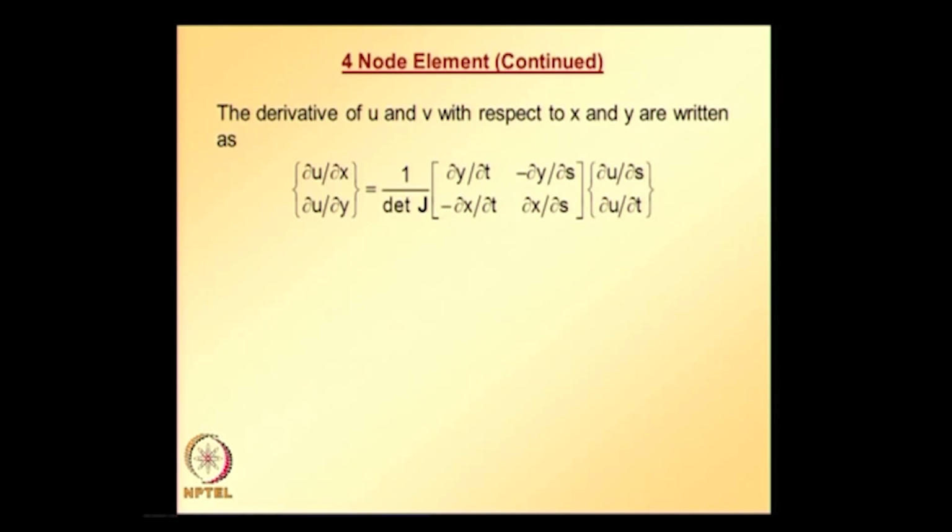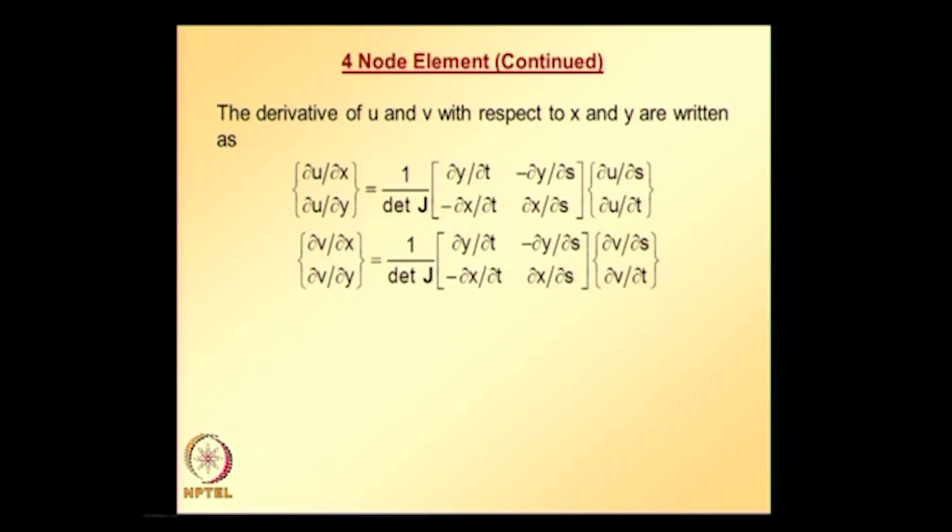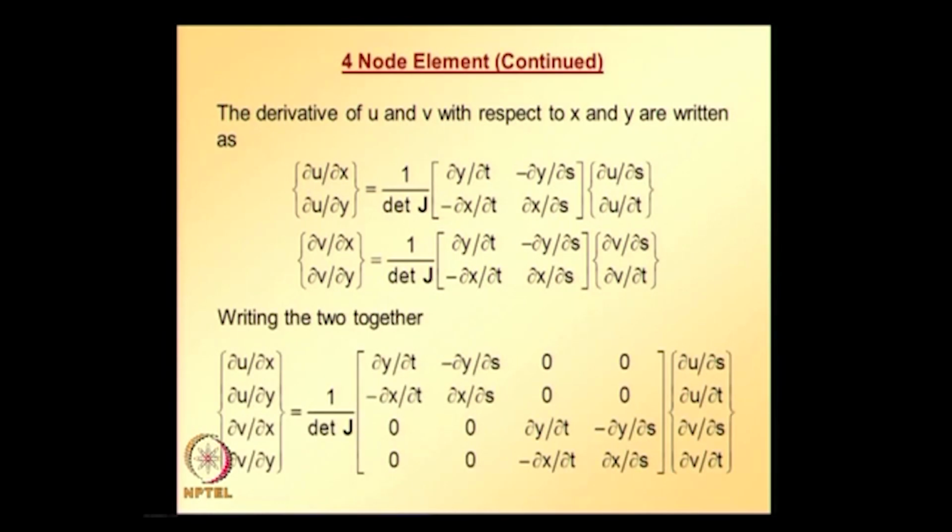Here we have derivatives of the displacement component in the x direction, and similarly derivatives of the displacement component in the y direction, and we can put these two equations together and get this one. And here in the last equation we have derivatives of displacement components both in x and y directions with respect to x and y.